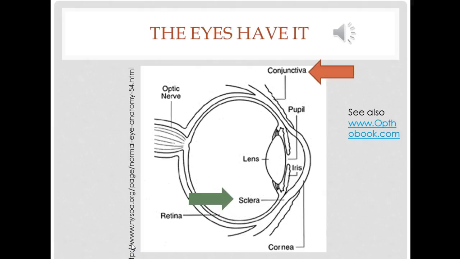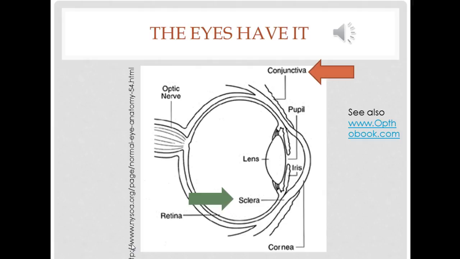The bulbar conjunctiva that lays over the sclera is the kind of thin layer of see-through membrane, if you will, that becomes injected or red-looking when a person has conjunctivitis of varying types.